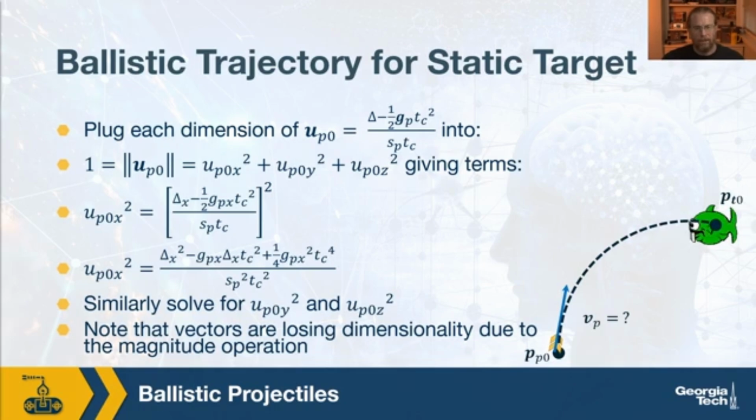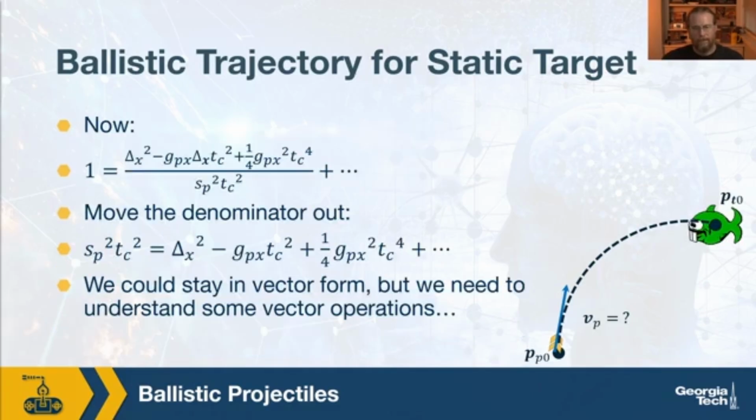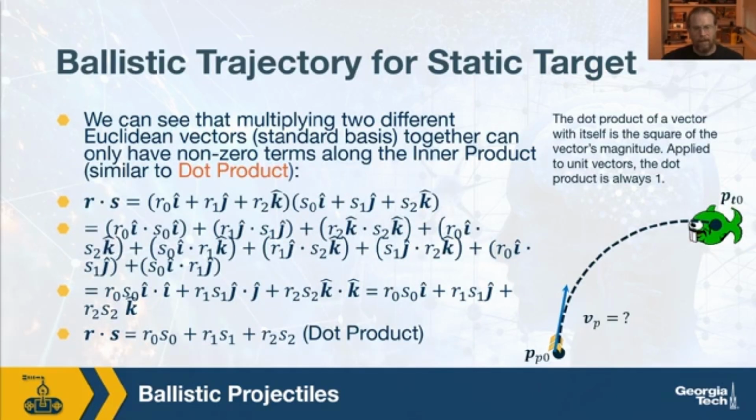All of these terms, whether they involve vectors originally or not, because it's a magnitude, are all collapsing down into just a single scalar value. So we started with 3D vectors, but now the 3D vectors are becoming a single dimension. In this case, the dot product is a way that we can collapse down. A dot product is kind of like multiplying, but when we get to this point, we can just use the dot product.